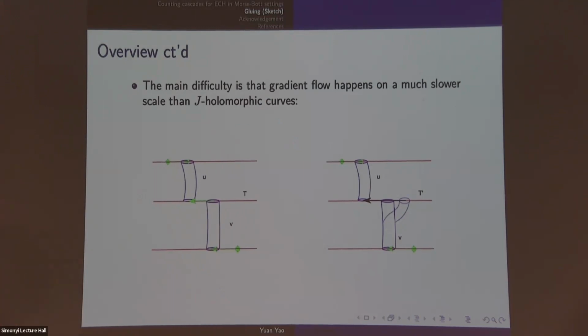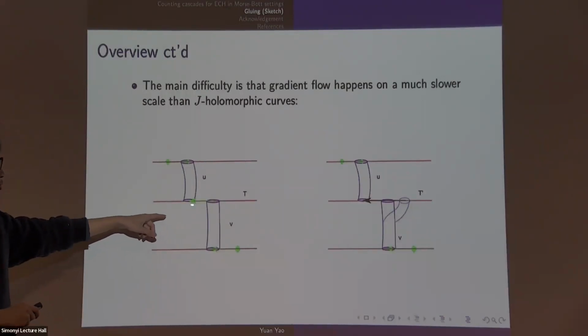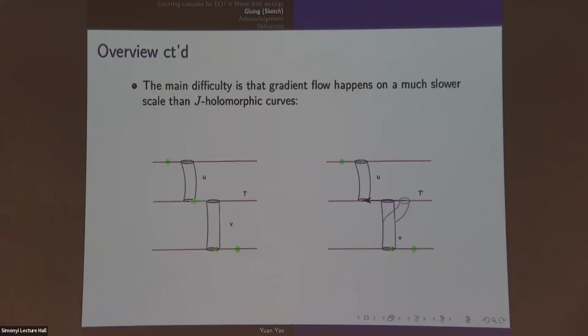The second difficulty is that you say, okay, I can still do it, I'll just do some more detailed argument. The next technical difficulty is that the holomorphic curves and the gradient trajectories behave very differently. Things happen on different scales.